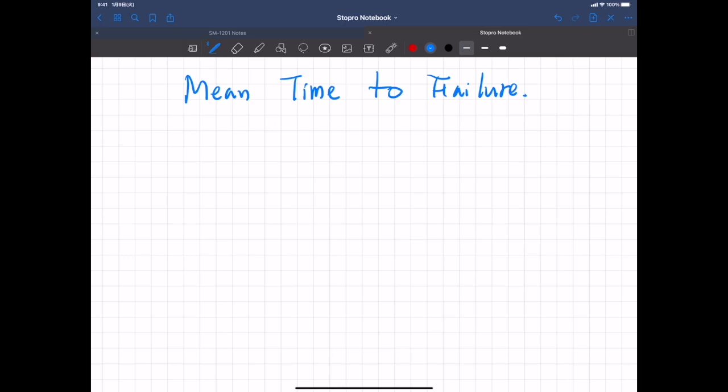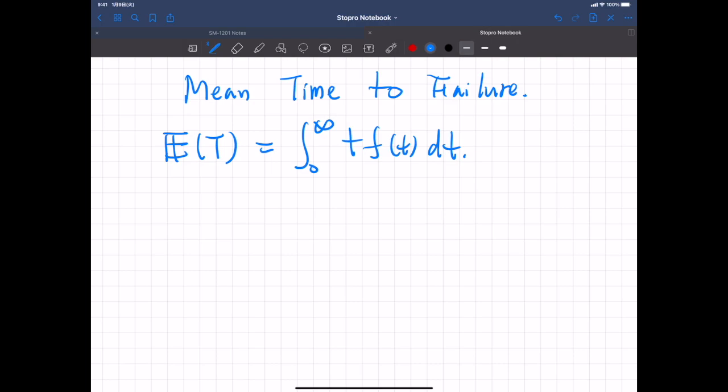Next, consider the problem of the mean time to failure. So that is just the expectation value of the time to failure, which is by definition this. Just t times the density function and integrate. And that's it.